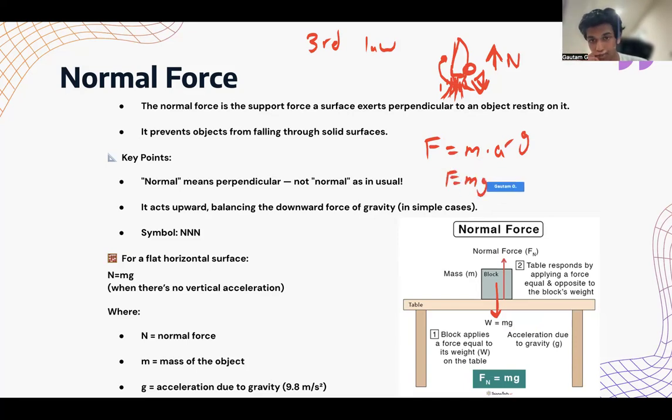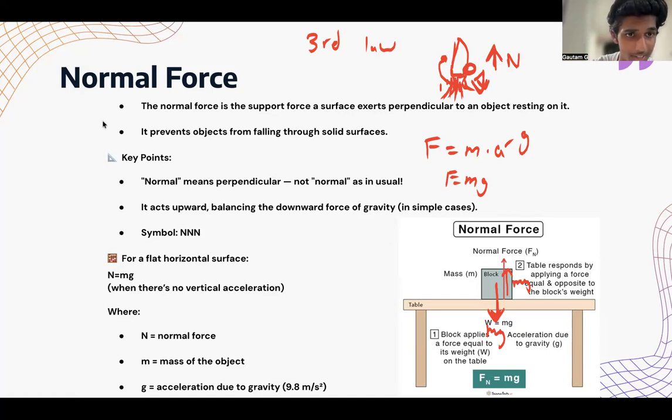So if this block is applying a force downwards with mass times gravity, then the normal force would just be the complete opposite. It would just be mass times gravity upwards. In some cases like this one, it's just the opposite. It does get more complicated, but for now, just to understand the concept, you can think of it like that.